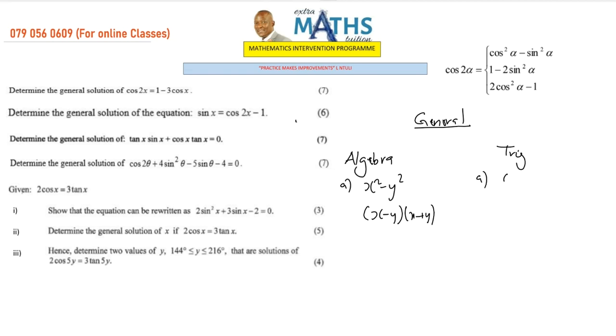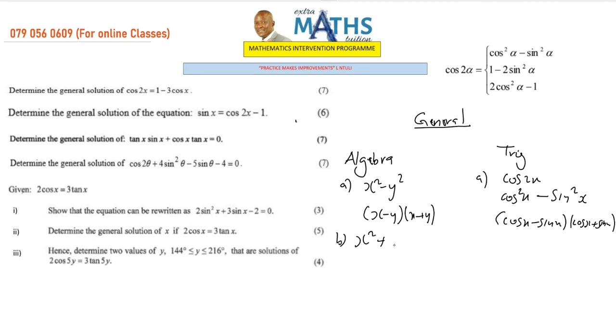Let's say we have cos 2x, and you chose the first form, which is cos squared x minus sine squared x. Guys, again, this is what? Difference of two squares, which is (cos x minus sine x)(cos x plus sine x). Okay? Let me do another example.